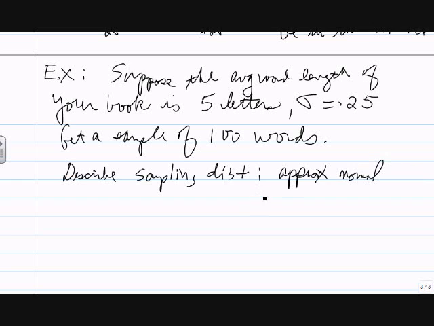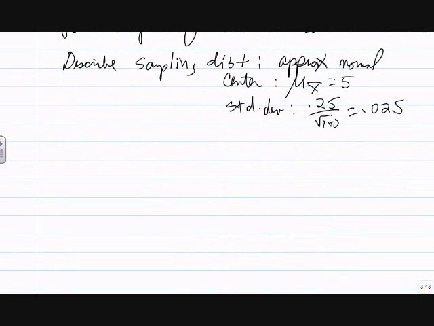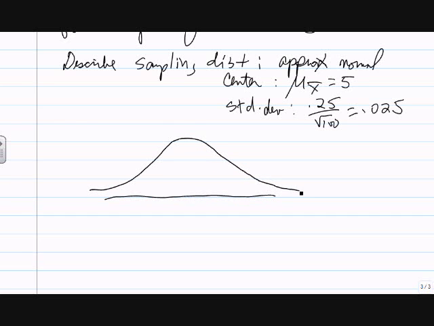What is the center? Yes. The center of the sampling distribution is 5. And what is the standard deviation, the spread? Yeah, so it's 0.25 divided by the square root of 100, which is 0.025. Okay, so let's draw this sampling distribution. There's a 5 in the middle.